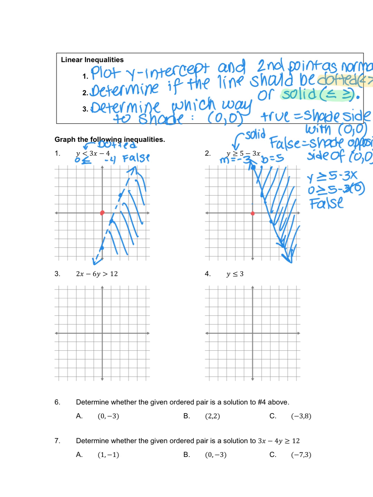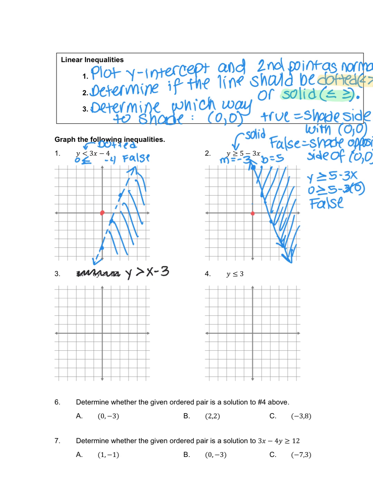Number 3, 2x minus 6y is greater than 12. You know what? I just noticed on the page, your book says something different. So I'm going to change mine to what your book says. And your book says y is greater than x minus 3. Okay, so let's go ahead and graph that.